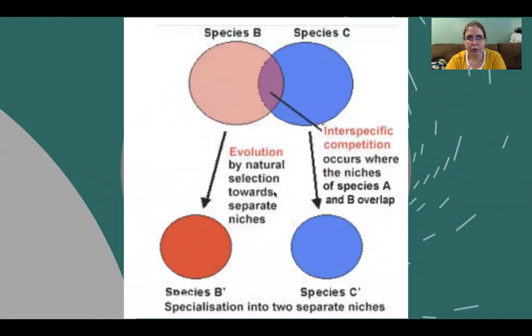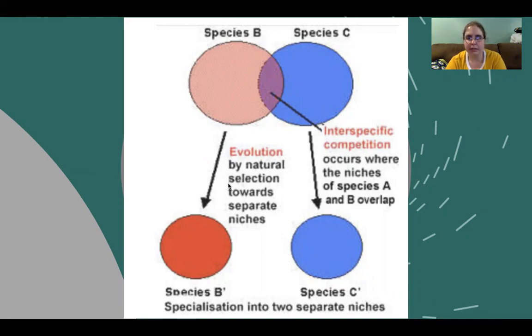So this is just showing you a little bit more of an abstract way of thinking about it. We have species B, species C, and they do overlap on some stuff that they're competing for. That's the interspecific competition. So the niches overlap a bit. Now they can still survive.